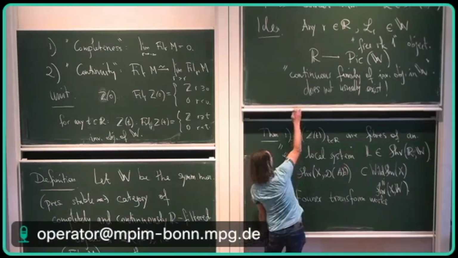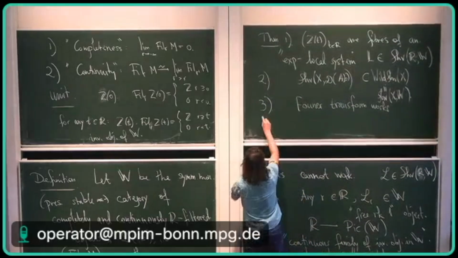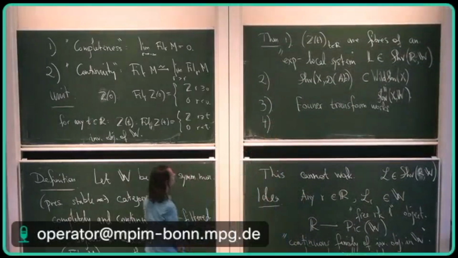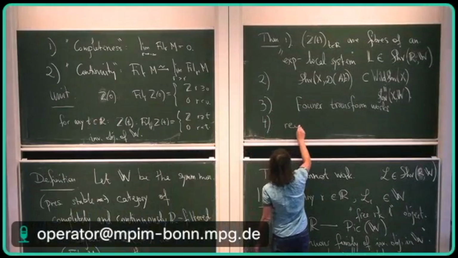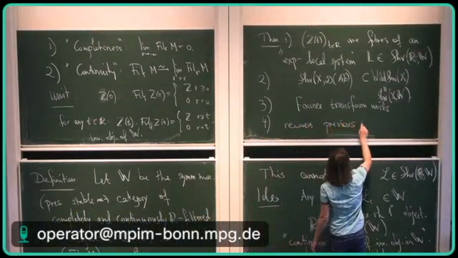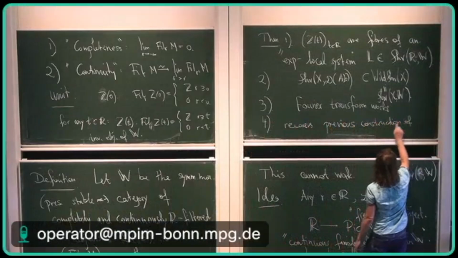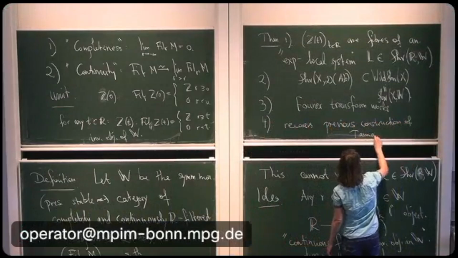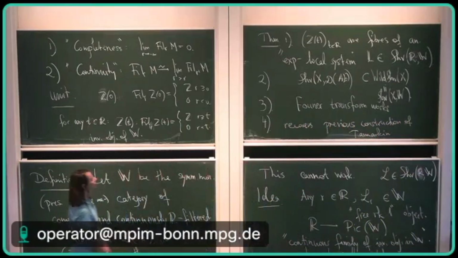What else? This is actually not new. This notion was previously defined by Tamarkin in a slightly different formulation. So this recovers a previous construction of Tamarkin, which has found applications both in symplectic geometry in relation to Fukaya categories and in the study of the irregular Riemann-Hilbert correspondence.